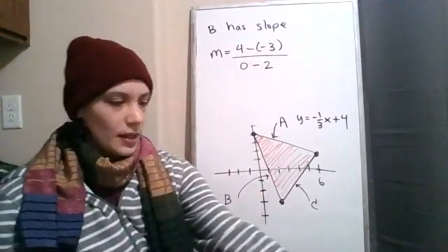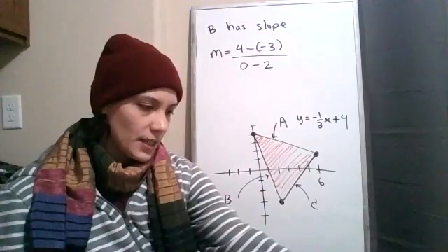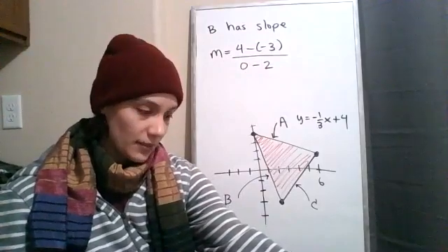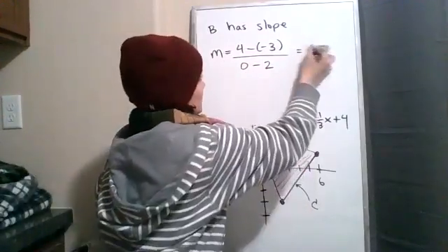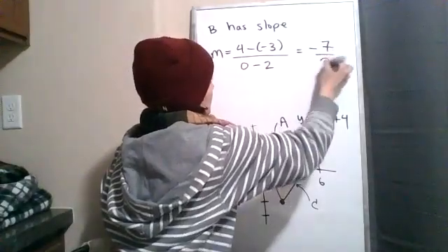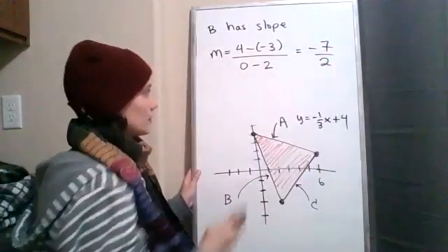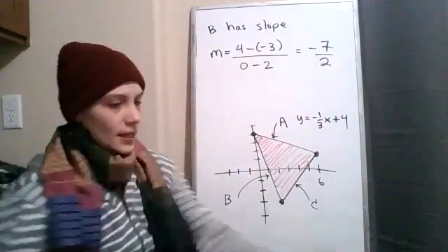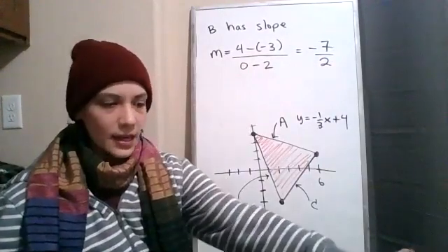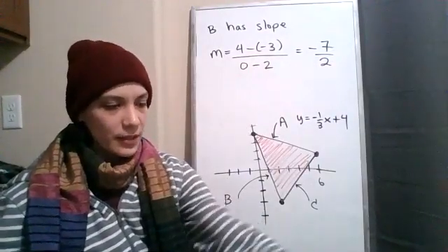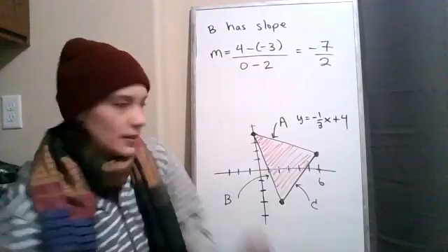So I got a slope of negative 7 halves. And then I use that other equation, y minus y1 equals m times x minus x1.